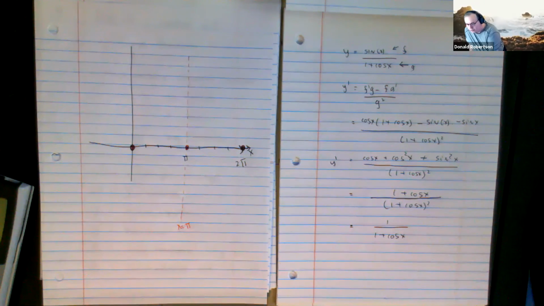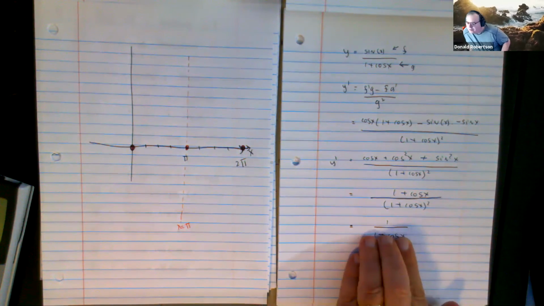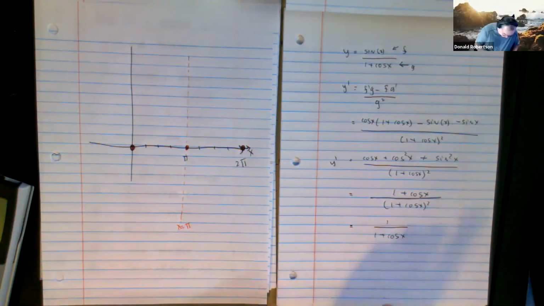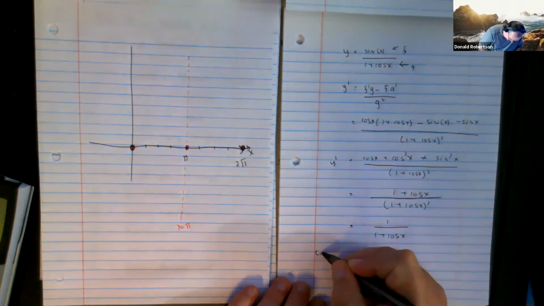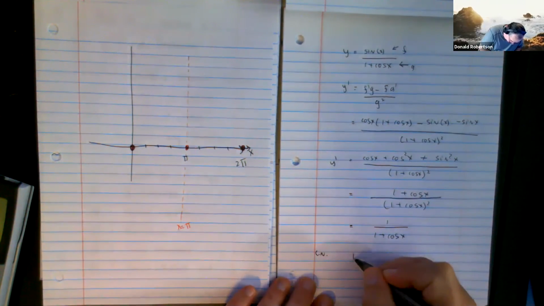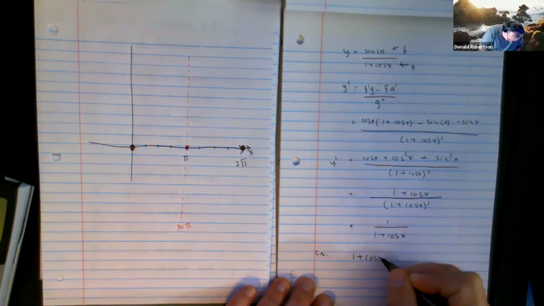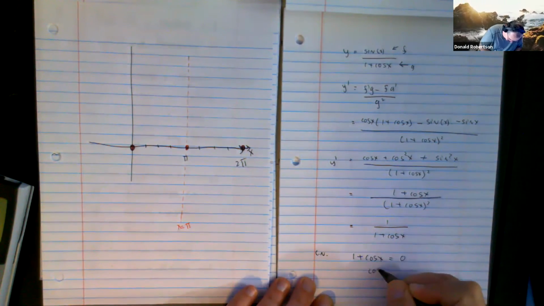Would you agree this shape has no local max or local mins? There's no place where this derivative is 0 because the top will never be 0. It does, however, mean that it still has a critical number, when the bottom is 0. Oh, we know this guy.